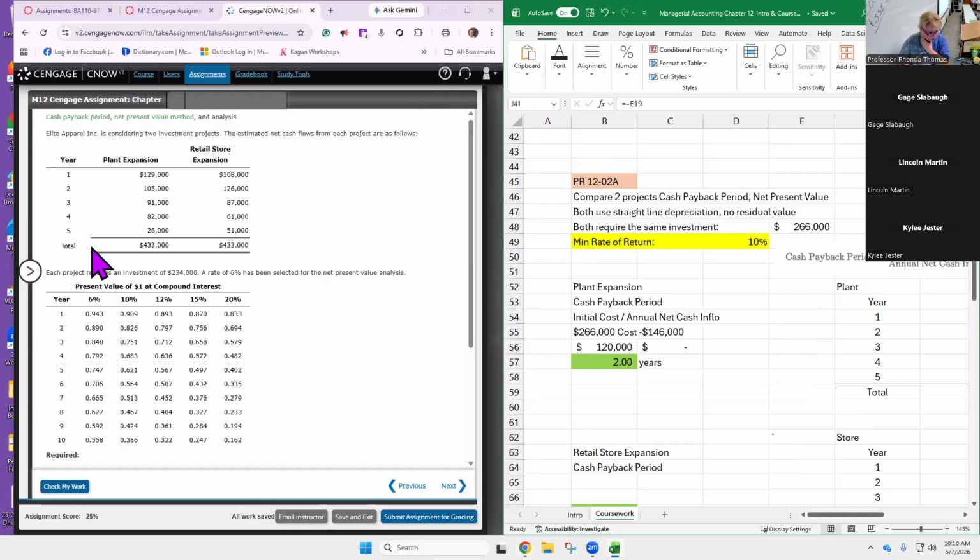So 5 years, 2 projects. Both projects have the same investment. So that will work for both of the projects. The rate of return, however, for mine is much lower than what I used last night or what I just used in the previous problem.